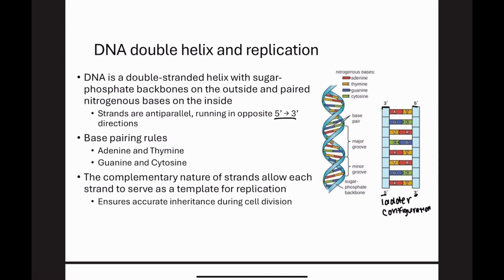This process results in two identical copies of the original DNA molecule that are then distributed to daughter cells during cell division. So complementary base pairing allows the sequence of one strand to dictate the sequence of the other.